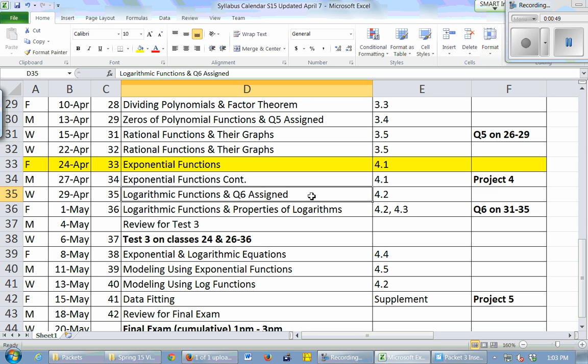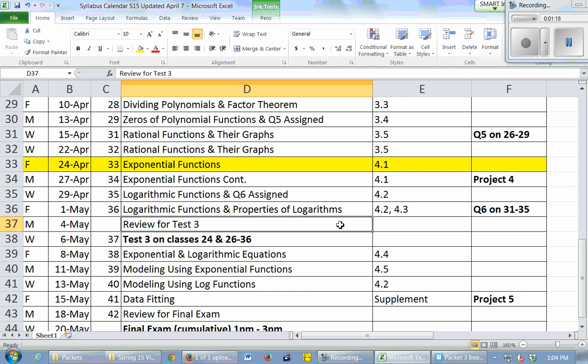And then we'll have one more test, just one more test, and the final exam. Yeah, I'll assign the take-home quiz Wednesday. It'll be due Friday, so that you can get it back the day before the test. All right. So, any questions on upcoming schedule?